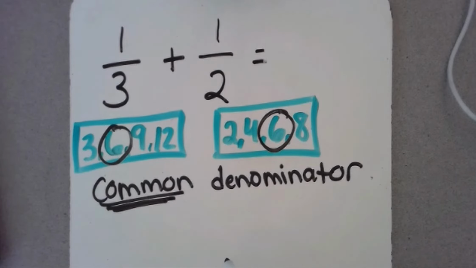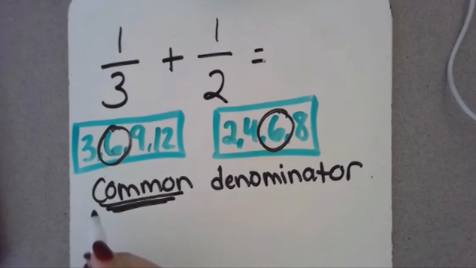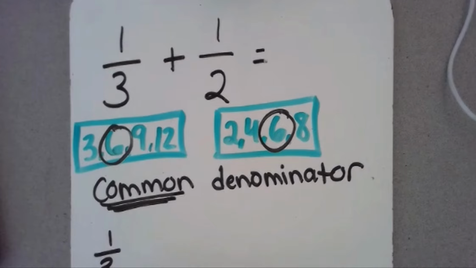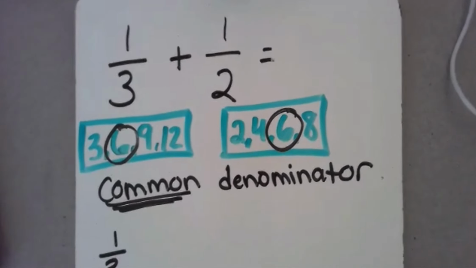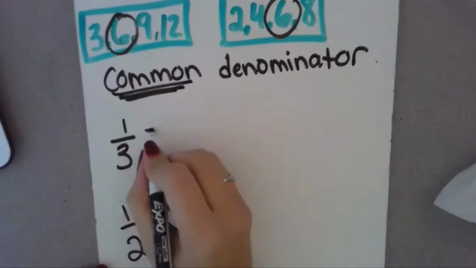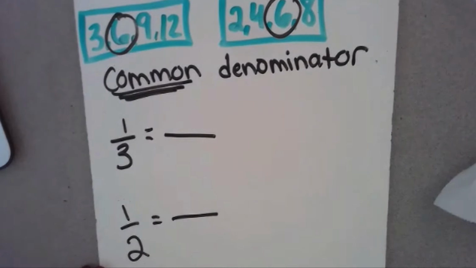That is step 1. Step 2. We now have to turn 1/3 and 1/2 into fractions with a common denominator of 6. We're going to create equivalent fractions. I will explain what equivalent fractions are in a second, but just watch.